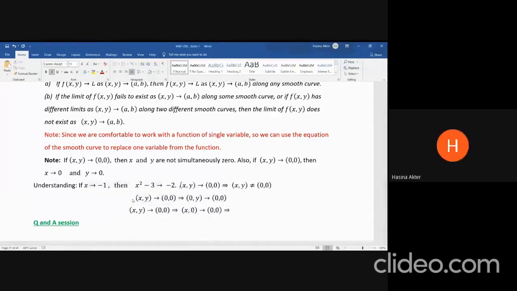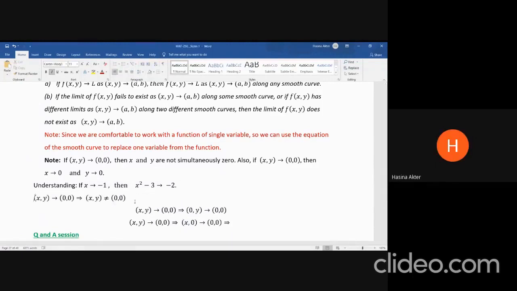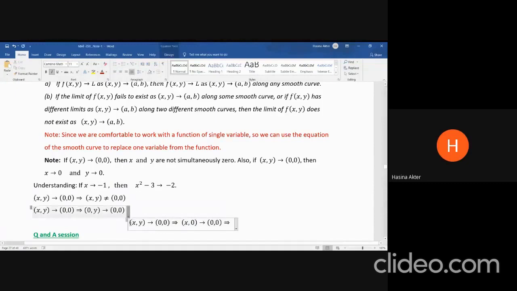On the x-axis, y is 0. On the y-axis, x is 0. But they are not simultaneously 0. None of them can be 0 as well. If we take a point which is neither on the x-axis nor on the y-axis, then x and y are both non-zero, but still the point can be close to the origin. Did you understand?